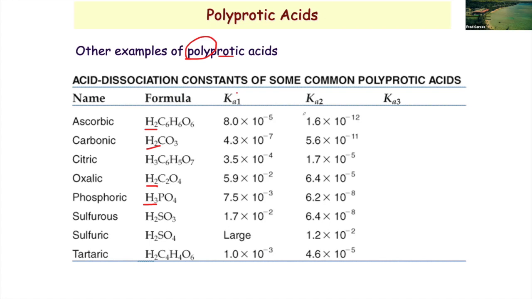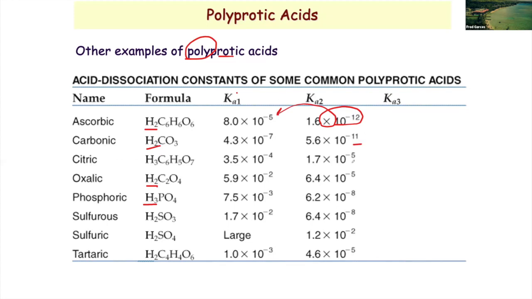The second Ka is always going to be less than the first. Why? Because for the first, you're getting rid of the hydrogen from a neutral species. For the second, you're now getting rid of the hydrogen from a negative species. It's much more difficult to remove an H plus from a chemical that's already a negative charge. You're going to have to work at it. So that's what you see right here.